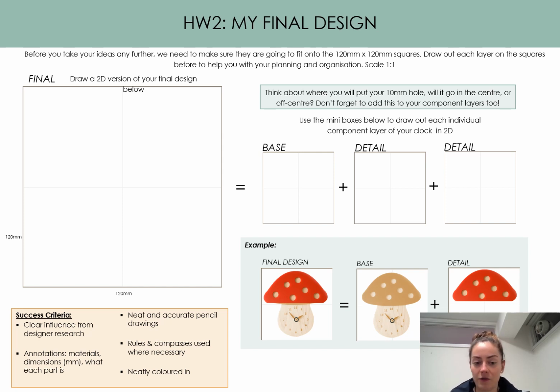So again, continuing with those themes that you've picked out, or colour schemes, or whatever it might be. We're looking for those annotations again on this page, so noting down the materials, the dimensions, what each part is. It will help you get your ideas in check, as well as your teacher being able to understand what your idea actually is as well.